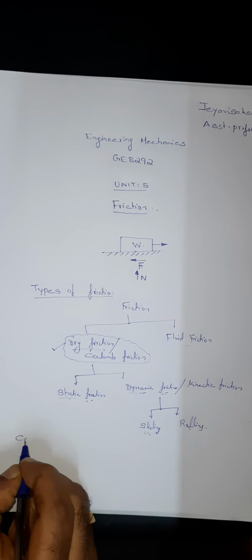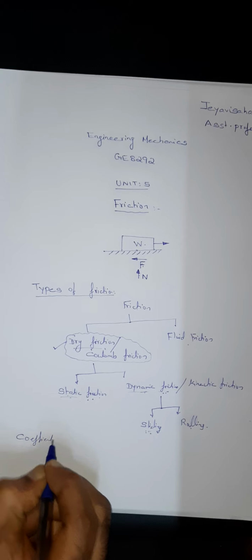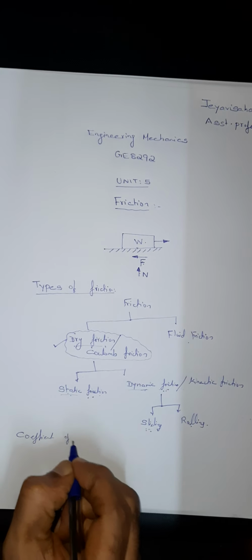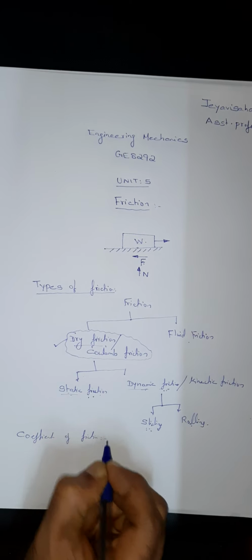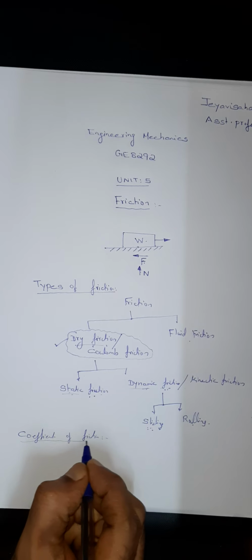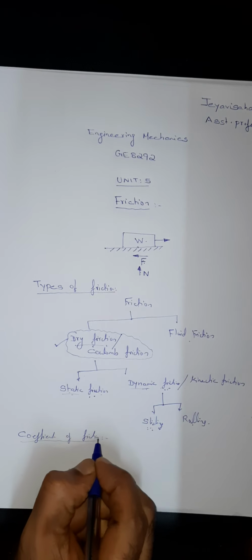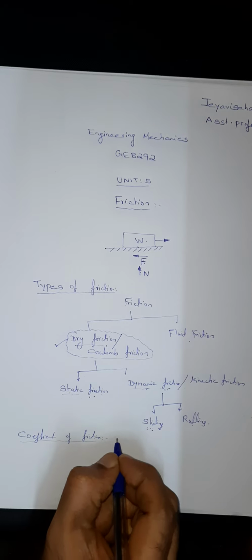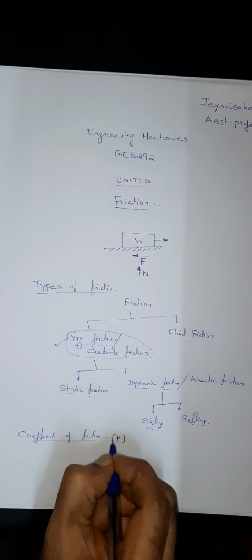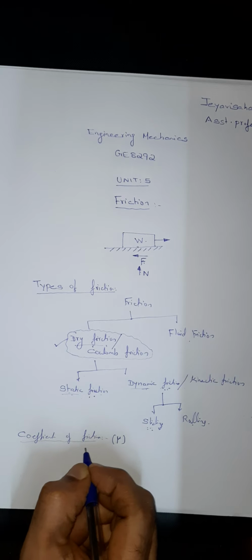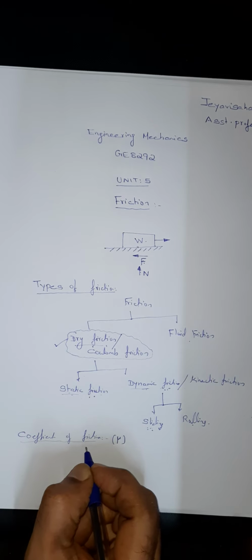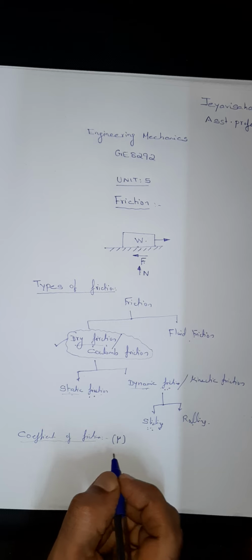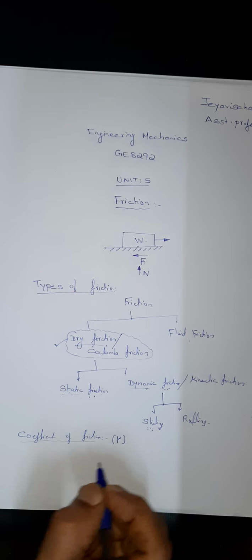Let me explain the definition of coefficient of friction. This is denoted as mu. The definition for coefficient of friction is the ratio of limiting friction to the normal reaction between two bodies.